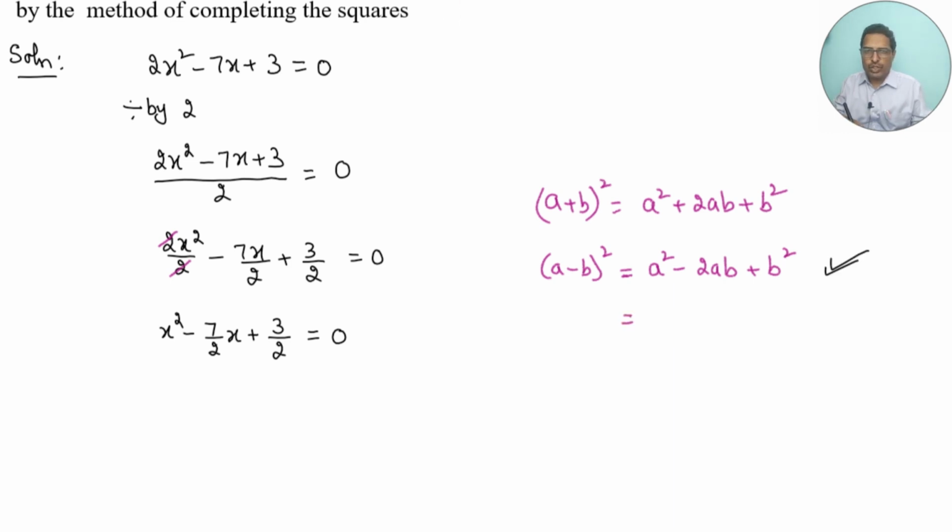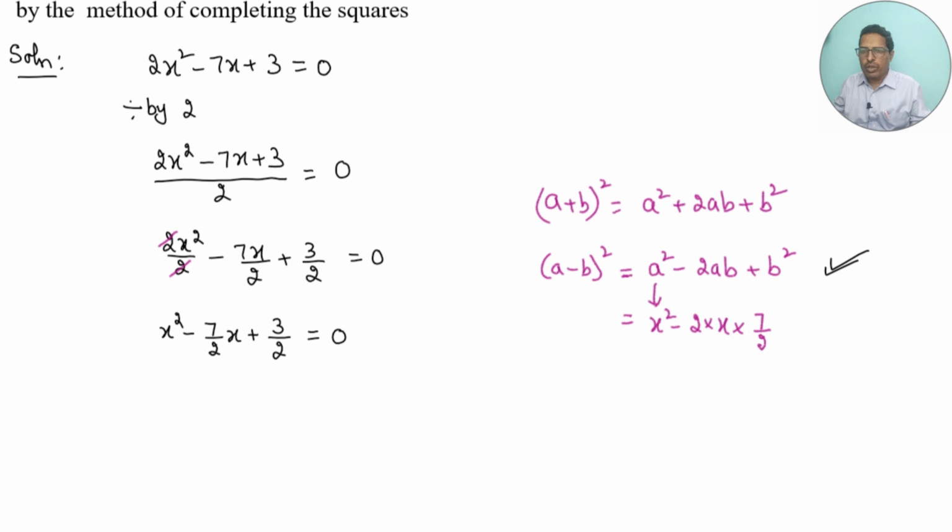We have x square here and a square in the formula, so if I replace a by x, it becomes x square minus 2 into a into b. I have already taken x as a, and what is left out is 7 by 2.